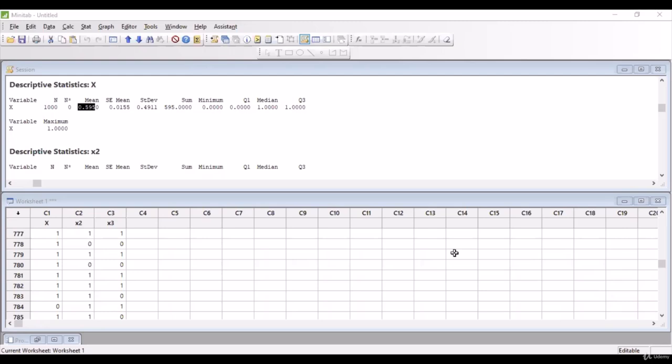Hope I made it clear to you guys in a much simpler way. You won't find this kind of explanation in any textbook, my dear friends. Let me tell you very clearly, you will only see the equations, like P(X = x) equals p to the power of x into (1 minus p) to the power of (1 minus x). You will not find this kind of explanation anywhere else.